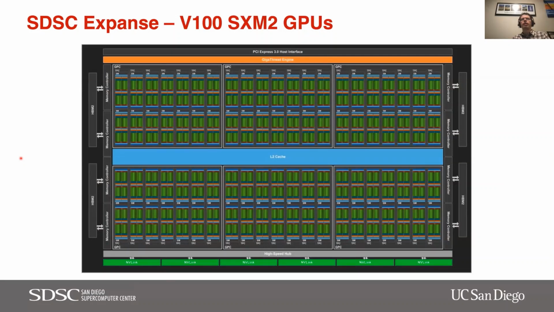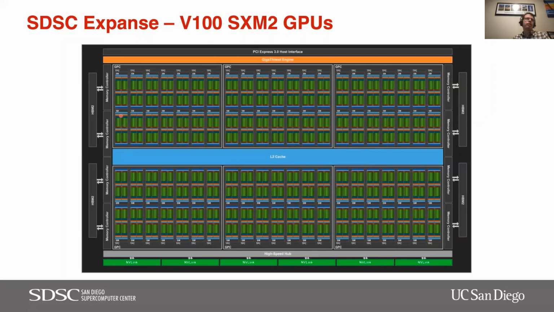This is a diagram you've seen before, the one from the early Tesla, the first C1060 card. It looks the same, only now it's different. You have all these multiprocessors. Each of those has 64 cores, and you have many of them. Then you have an L2 cache that is accessible by all of the multiprocessors.